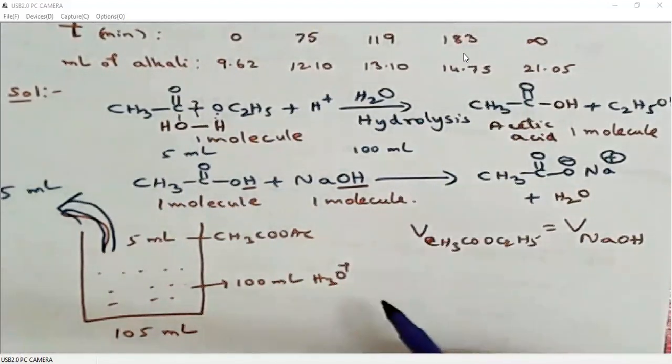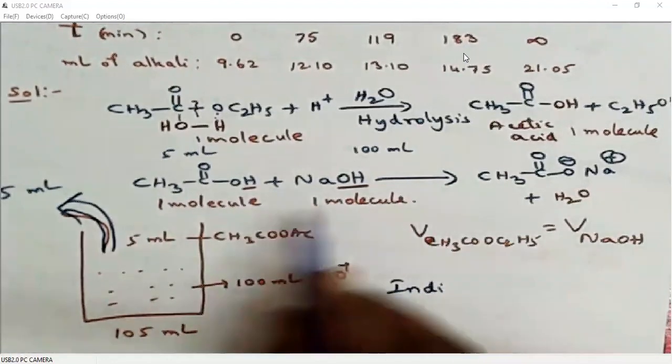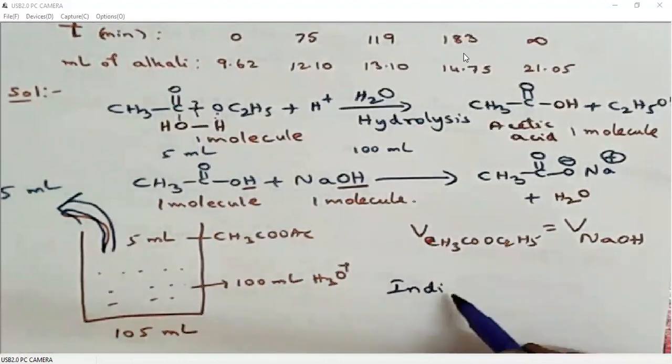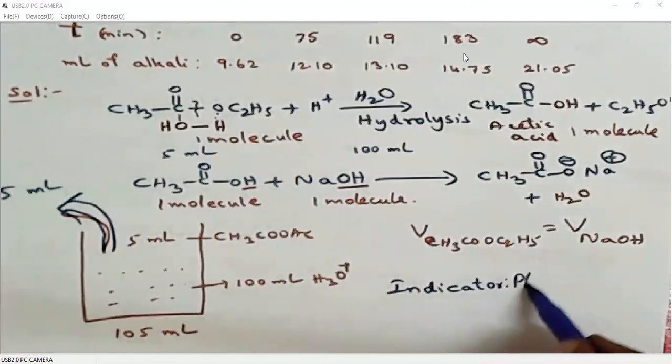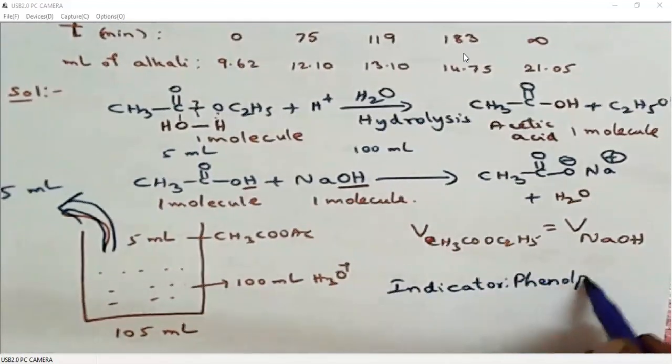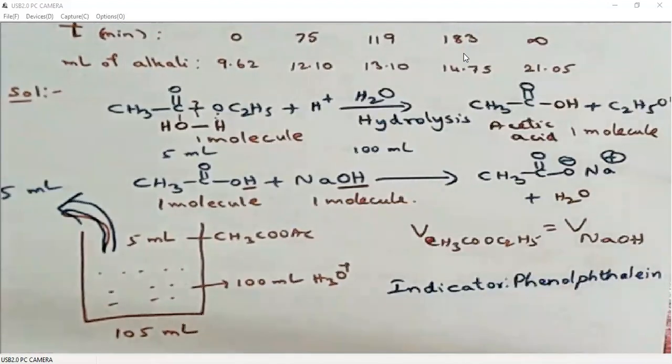For this titration, how do we say whether the reaction is neutralized or not? We use an indicator, phenolphthalein. This is a simple experiment. We can conduct it in any normal inorganic lab.